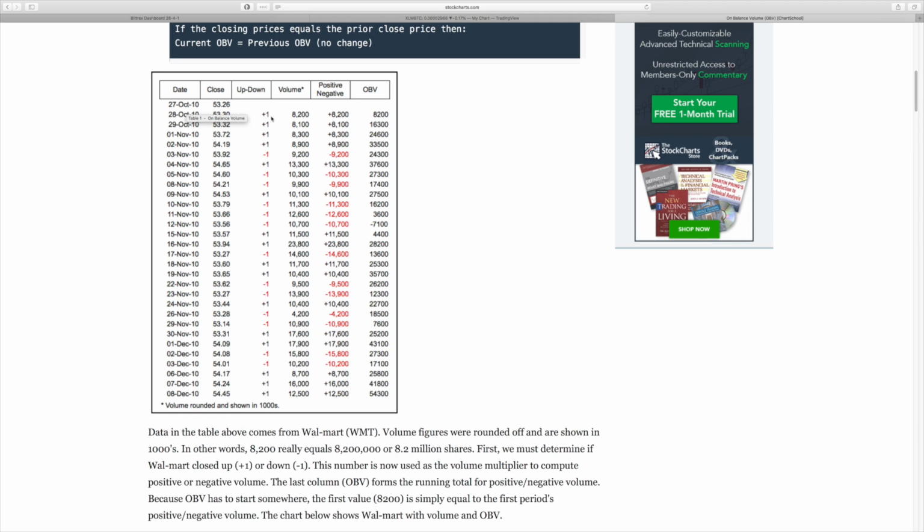The volume on that candle is 8,200, so the positive 8,200 is added to your total, which originally was 0. That's the first on balance volume measurement of 8,200. The next candle, 53.32, is another up candle. You simply add the volume to the prior one, and so on and so forth. It's just constantly running a total of adding and subtracting the volumes based on an up or down close compared to the prior one.